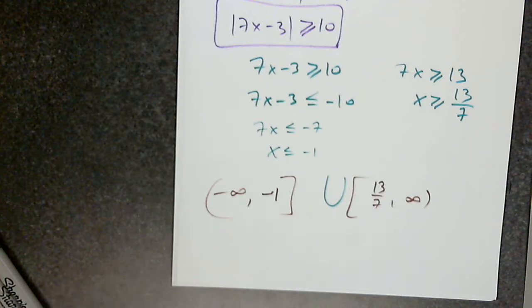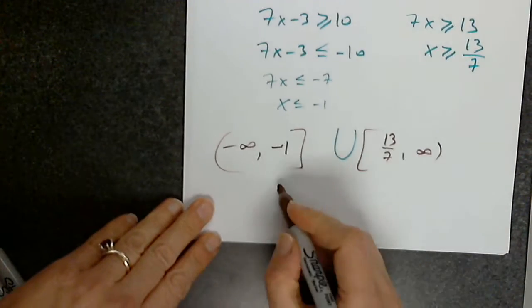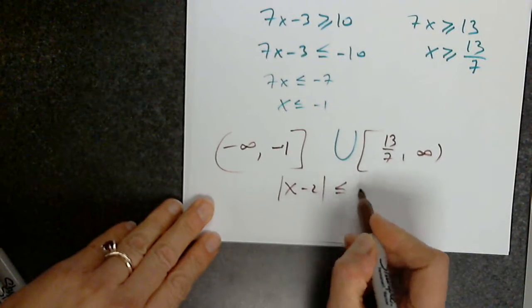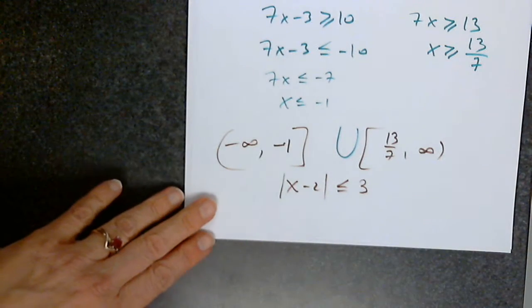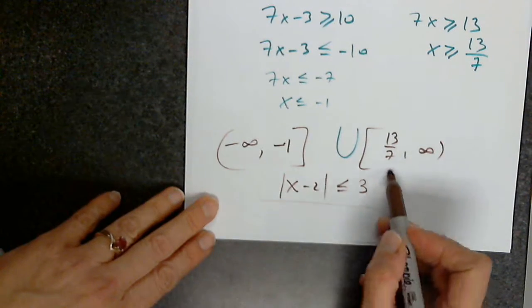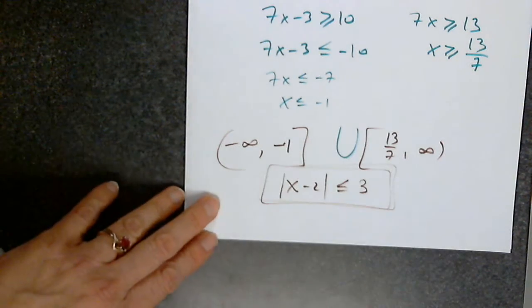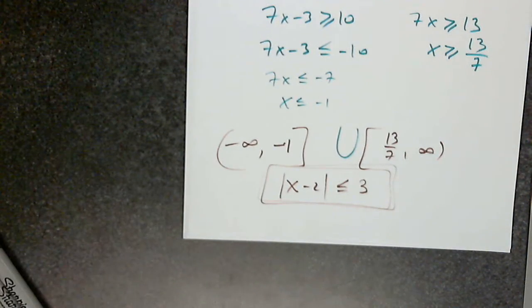What about the other one? Let's say I have this. The absolute value of x minus 2 less than or equal to 3. This is the easy one, because it's in between. How do I convert it? Again, untouchable. You cannot do anything to it. You cannot add 2. You can't touch this.